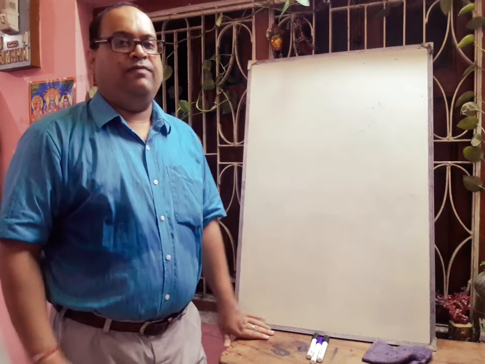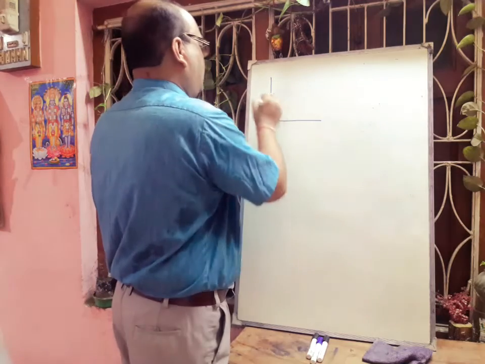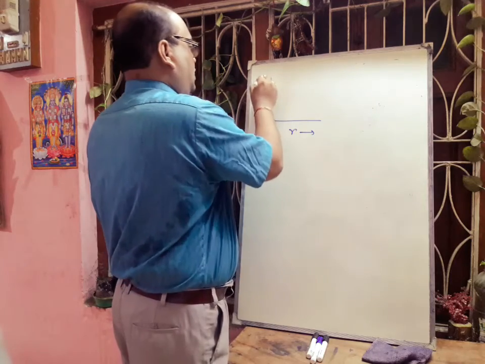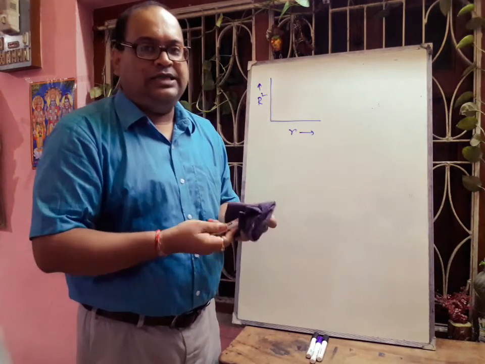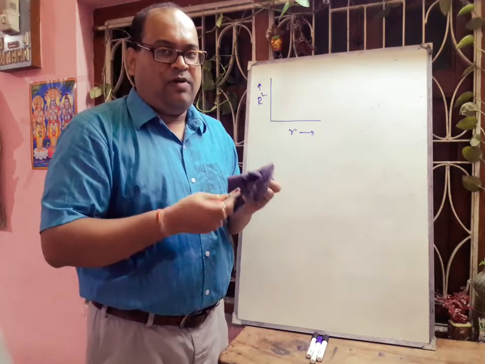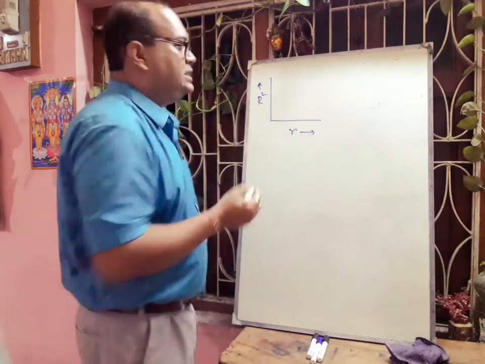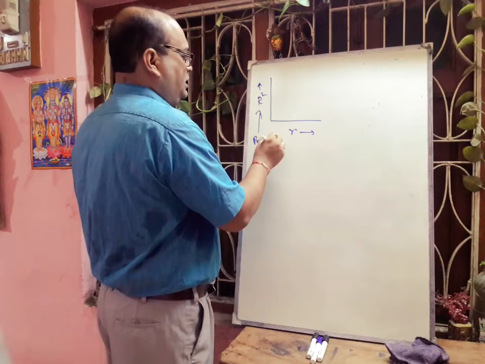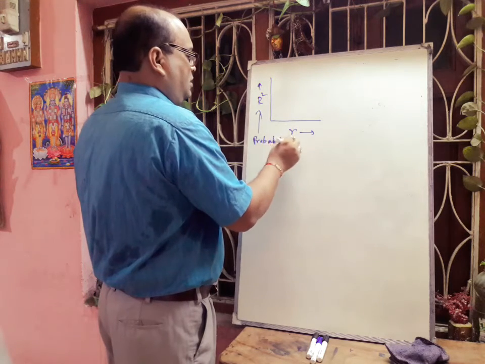Okay. So now we will plot R square versus r. Now what is this R square? This R square is the radial or probability density.